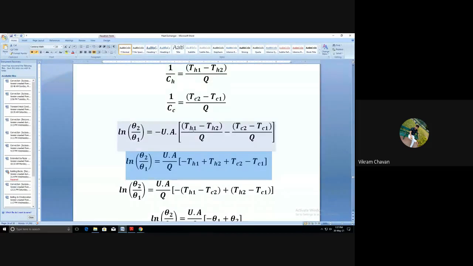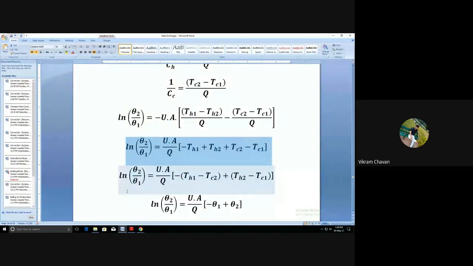So plus Th1 becomes minus Th1, minus Th2 becomes plus Th2, minus Tc2 becomes plus Tc2, and plus Tc1 becomes minus Tc1. In this fashion we change the signs of the temperatures, and then we combine them into sets of temperatures so that we get theta 1 and theta 2.